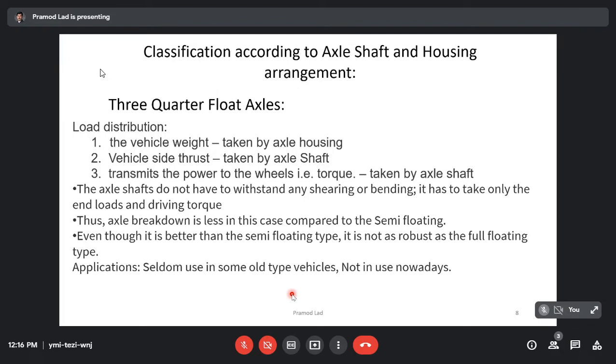The automotive manufacturers either go for the semi-float design or the full-float design because the three-quarter design doesn't give the cost benefit compared to semi-float, or the design advantages compared to full-float.